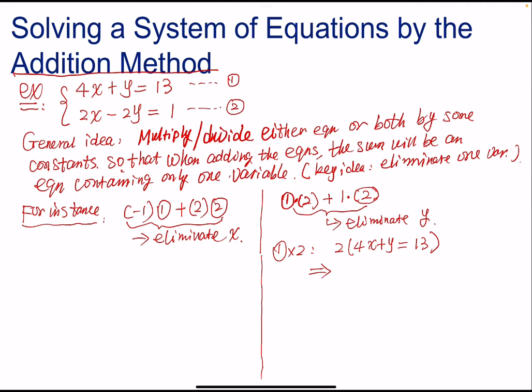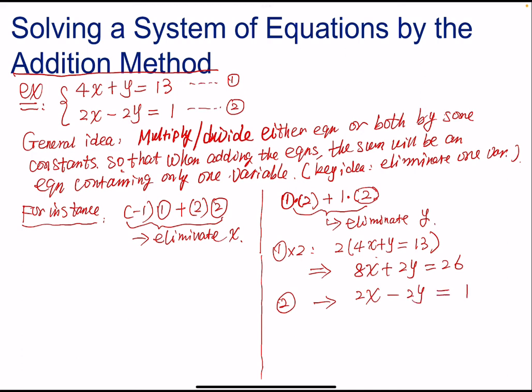If you do that, you get 2 times 4x, 8x plus 2y equals 26. And then equation 2 multiplied by 1 is just equation 2 itself, so you just copy it. You have 2x minus 2y equals 1.